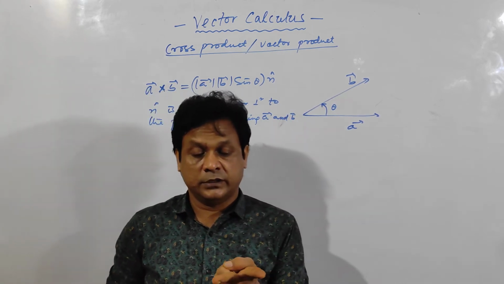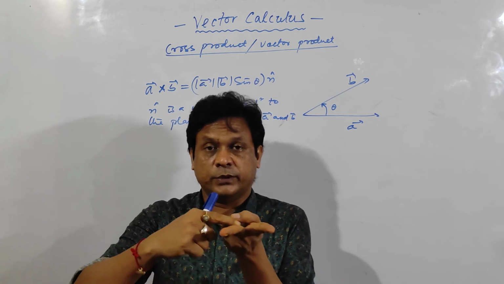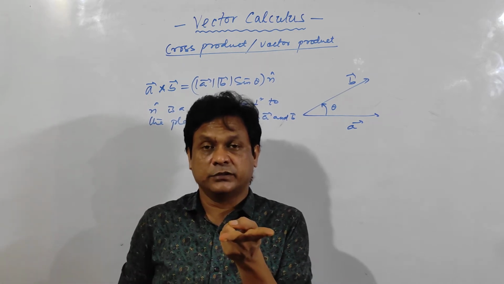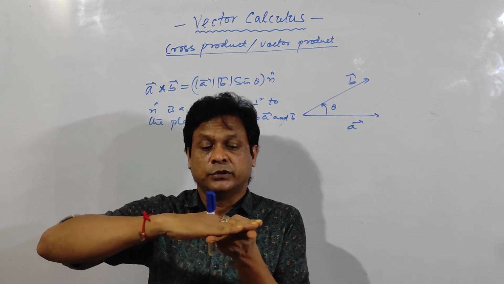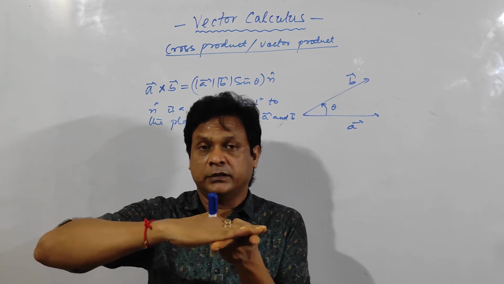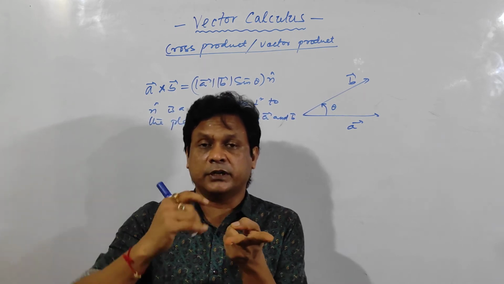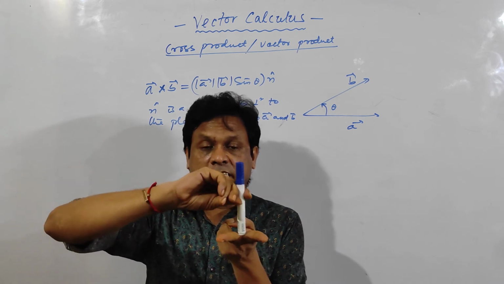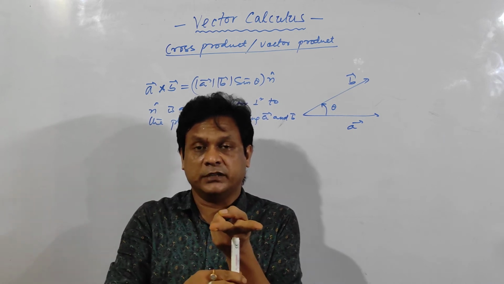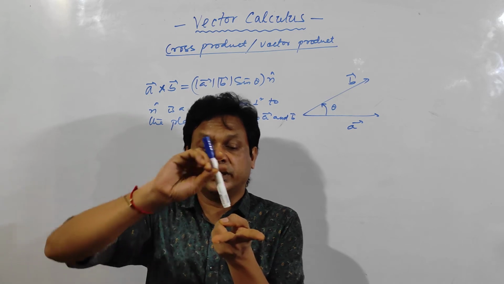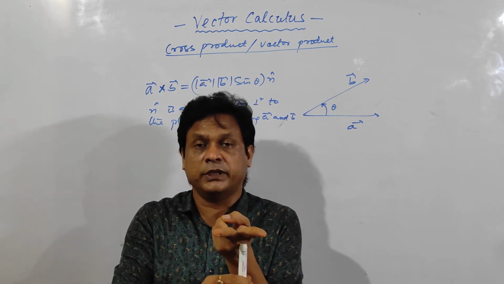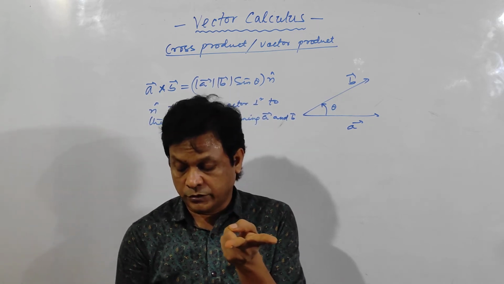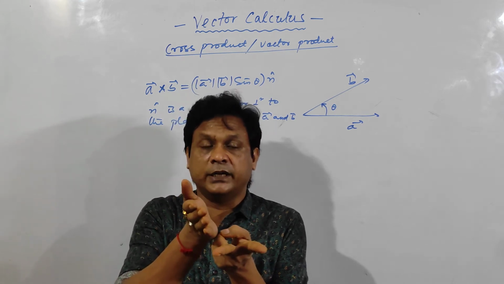See here, these are the two vectors. This one is A vector, this one is B vector. So n cap is perpendicular to this plane, the plane which contains A vector and B vector. So it can be like this or it can be like this. So how to find out whether it will be in upward direction or in downward direction? You should apply the right hand thumb rule or right hand screw rule.